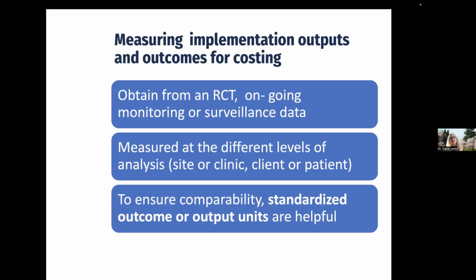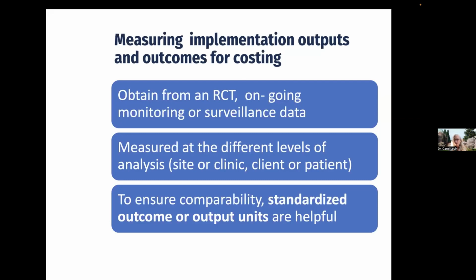So I mentioned that if you want to get from a total cost, remember the full cost of a program, to a unit cost, an average cost, you're going to need some measure of outputs and outcomes for costing. I'm going to talk a little bit about some of the challenges that happen in practice.